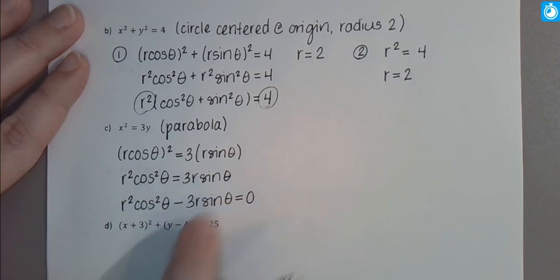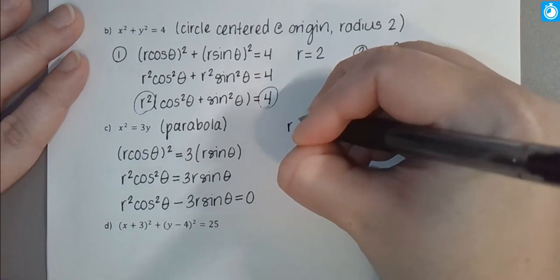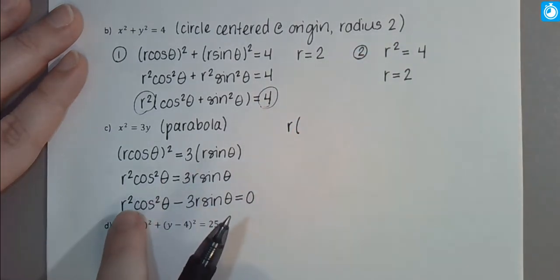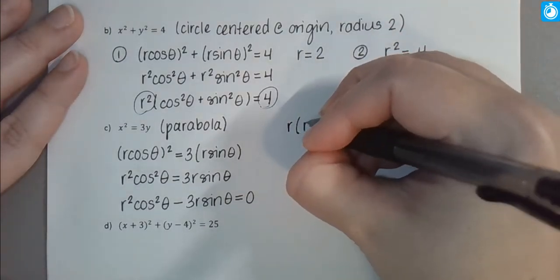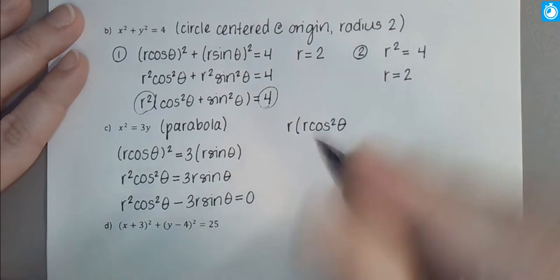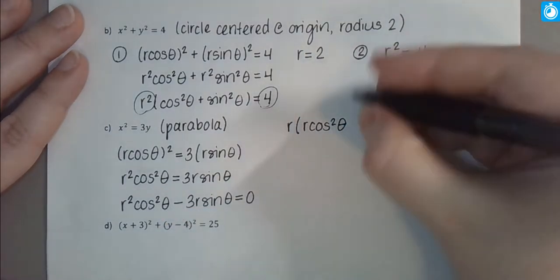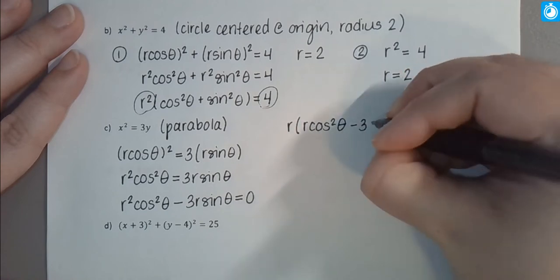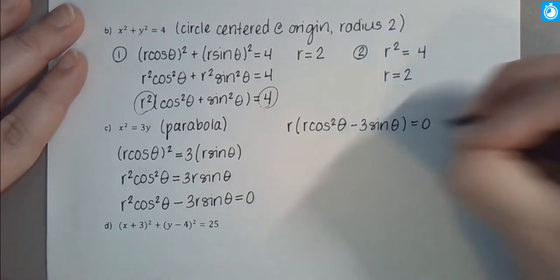That's the only thing that's common between these two terms. So I'm going to factor that out. So I factor out that r, which leaves me with a single r here, and then a cosine squared. So r times cosine squared theta. We only had one r here, so we factor it out, and we're just left with negative 3 sine theta. And all of that is equal to 0.